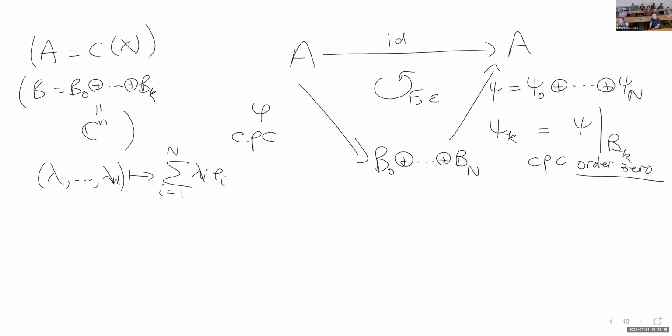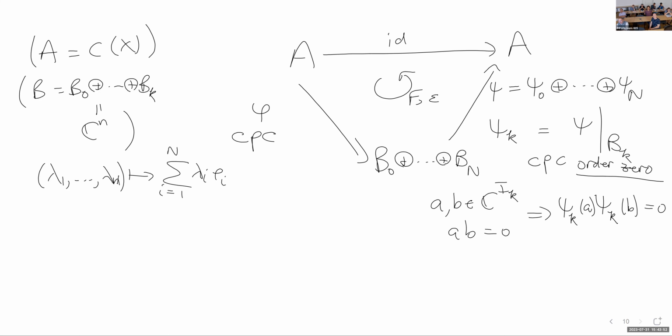So it means, just to be clear, that if a, b are in C to the I_k and ab equals zero, then psi_k(a) psi_k(b) equals zero. Again, what does it mean for a times b to be zero in C to the I_k?